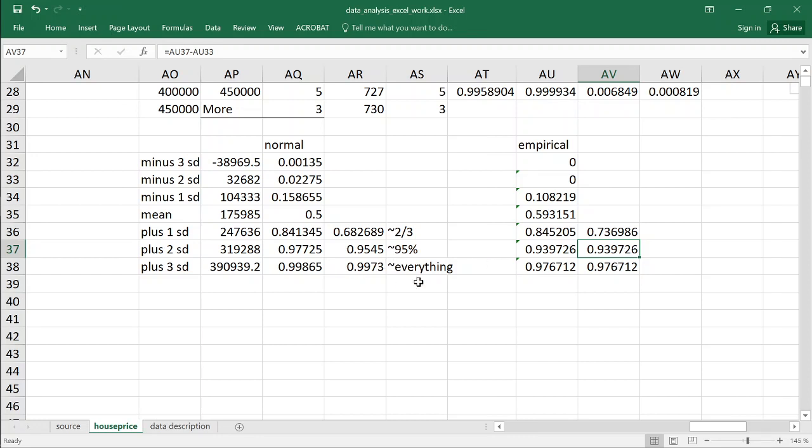And again, if we compare the 3 standard deviation rule of thumb, we see actually there was hardly anything to be expected outside these 2 boundaries from a normal perspective.